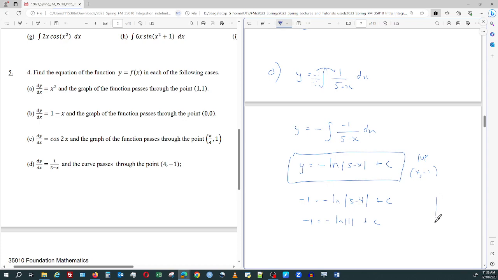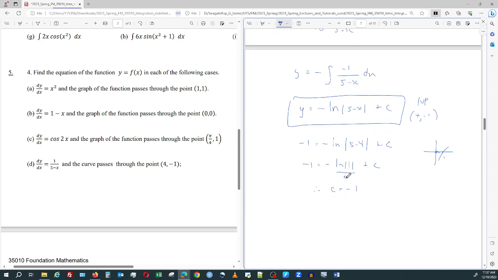Now the ln of 1 is 0. So that term is out. So therefore c is equal to minus 1.